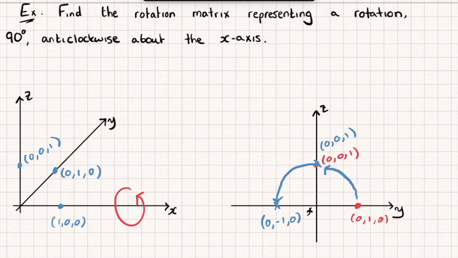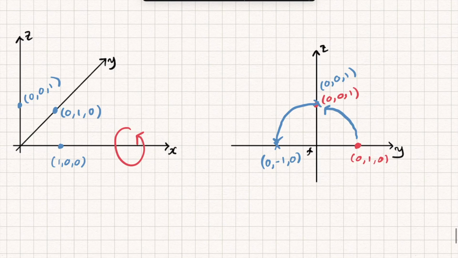So let's find this rotation matrix. It's going to have a first column of 1, 0, 0 as our point 1, 0, 0 is invariant under this rotation. The point 0, 1, 0 has moved to the point 0, 0, 1. And the point 0, 0, 1 has moved to the point 0, negative 1, 0. And this here would be our rotation matrix.